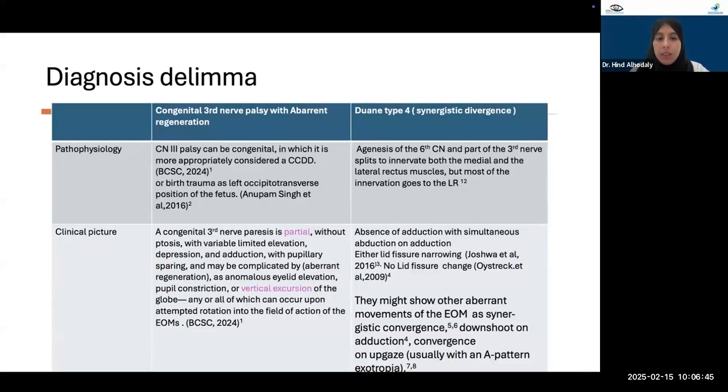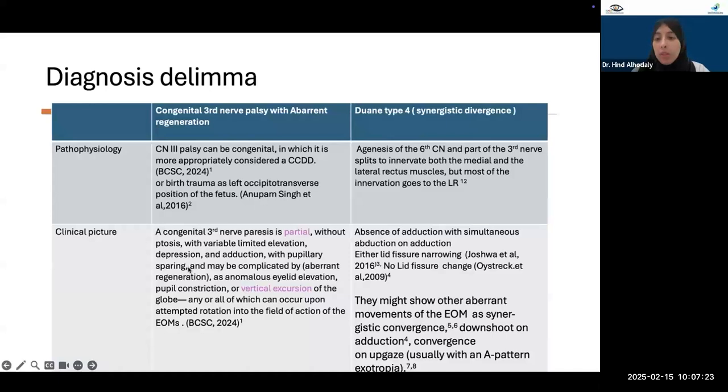Congenital third nerve palsy is more appropriately considered a CCDD or also a birth trauma, as with a left occipital transverse position in spontaneous vaginal delivery. However, our patient was a product of a cesarean section. And Duane type 4, the pathophysiology is agenesis of the sixth nerve, and part of the third nerve innervates the lateral rectus more than the medial rectus, causing it to abduct on attempted adduction.